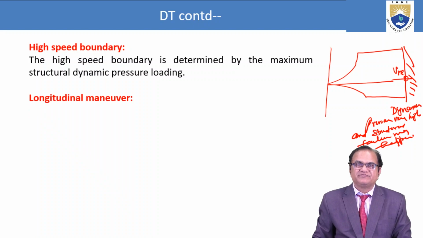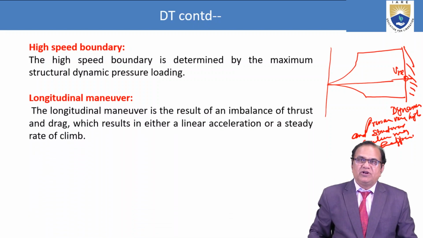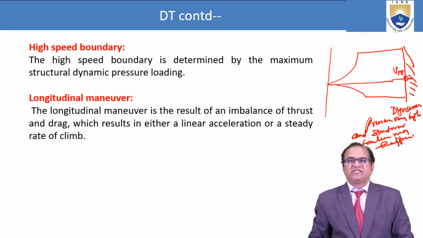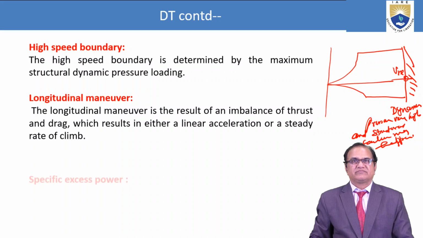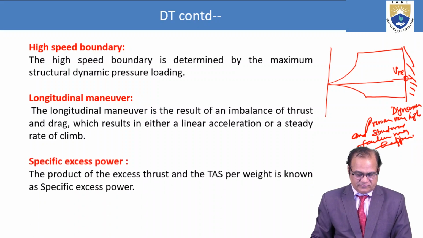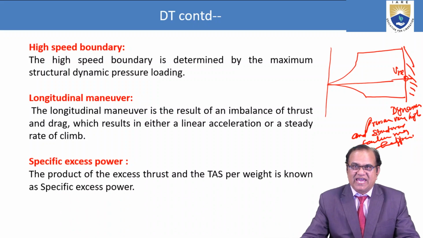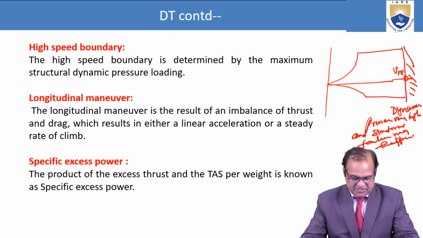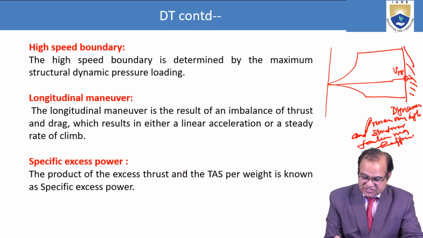Longitudinal maneuver. The longitudinal maneuver is the result of an imbalance of thrust and drag, which results in either a linear acceleration or a steady rate of climb. Specific excess power. The product of the excess thrust and the true airspeed per unit weight is known as the specific excess power.